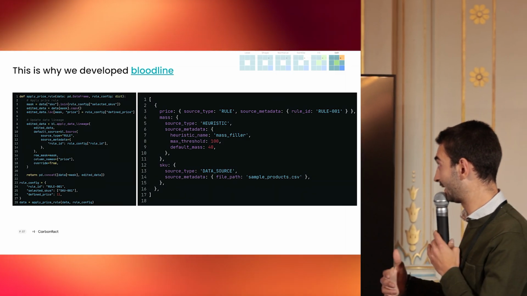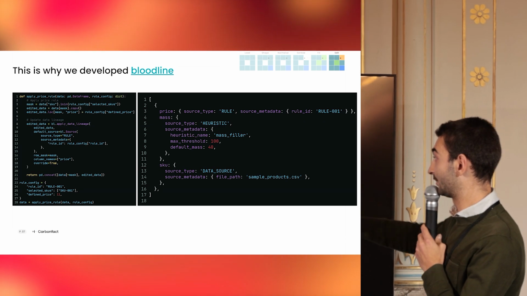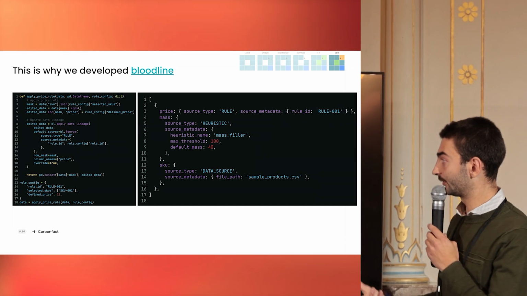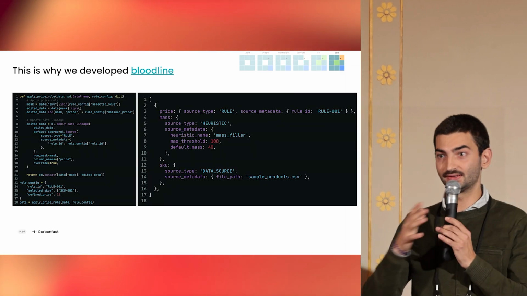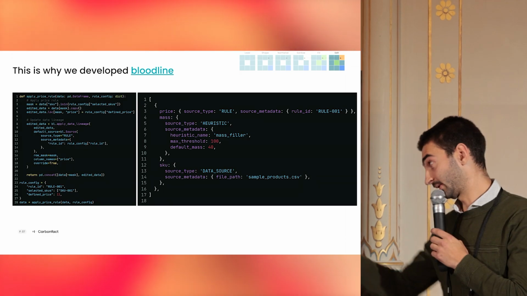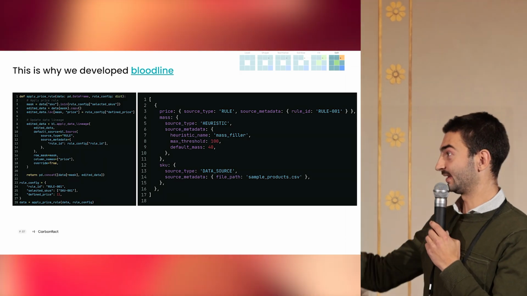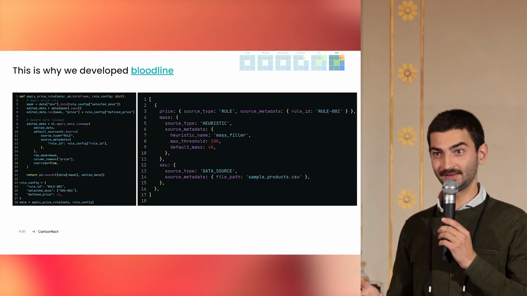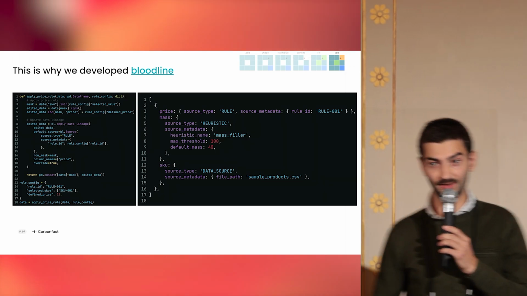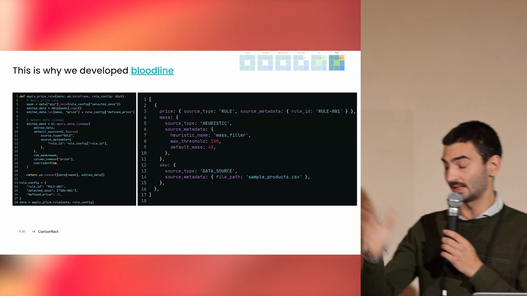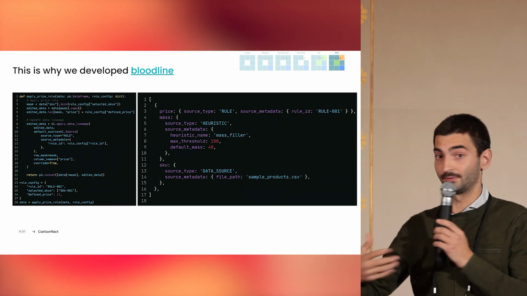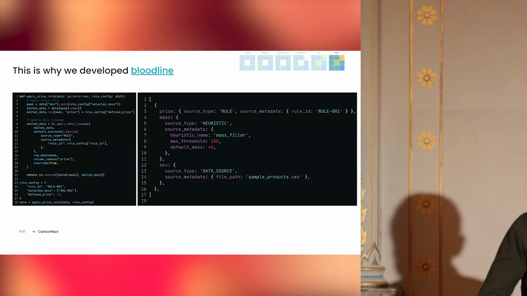So you know exactly in the end, for each of the data points, what is the exact source type. So it's also useful on our side to understand what is the coverage of each kind of source. Because typically a customer that has 100% coming from his data source has never happened yet, but maybe that means there's really good data quality behind. So it also enables us to assess what is the data quality of the customers and help them really improve the data quality.